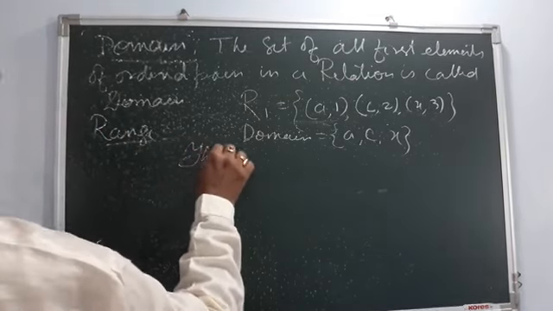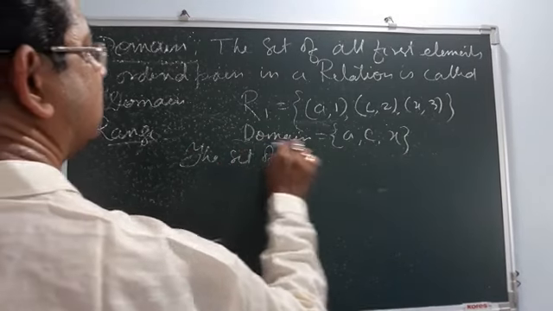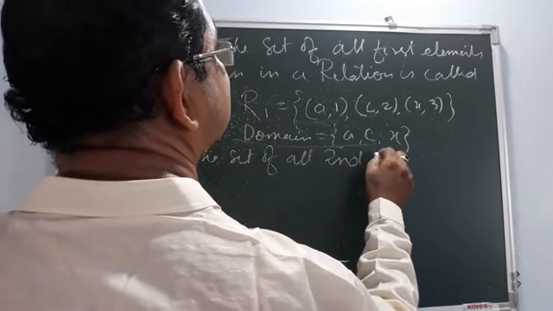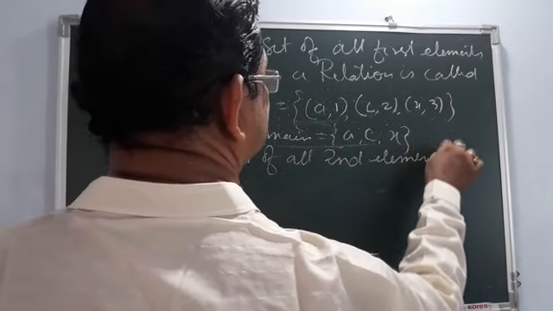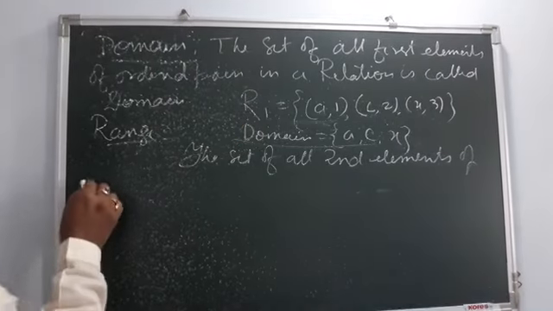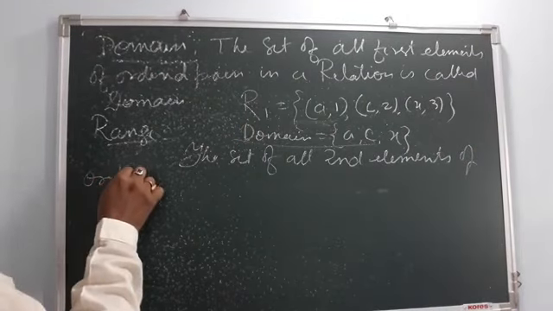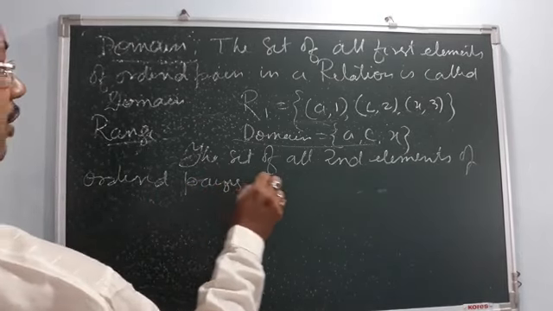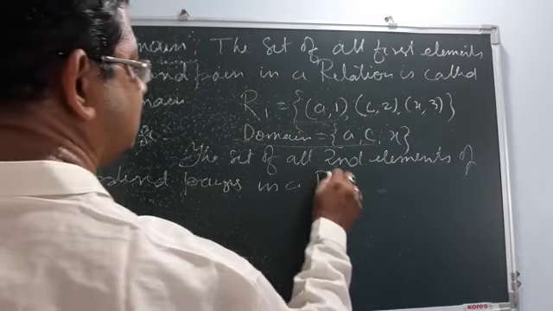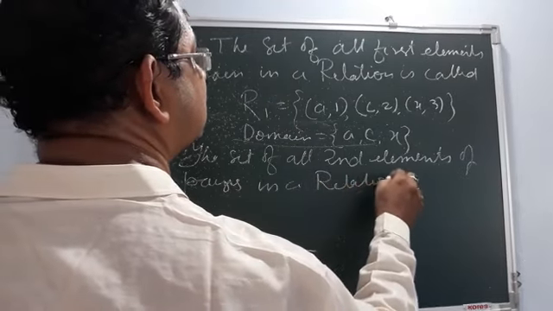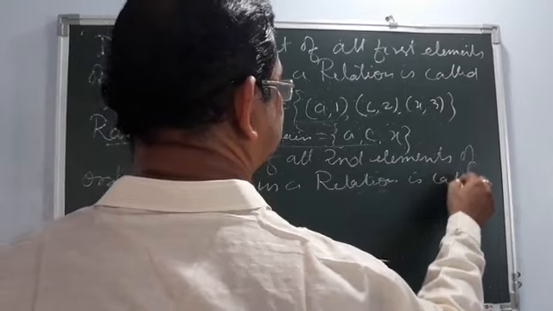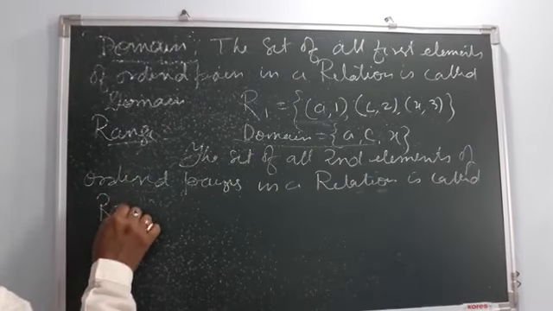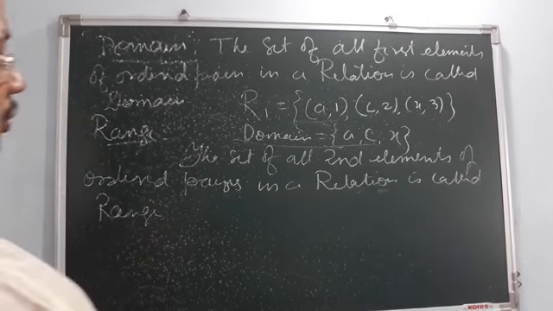The set of all second elements of ordered pairs in a relation is called the range of that relation.